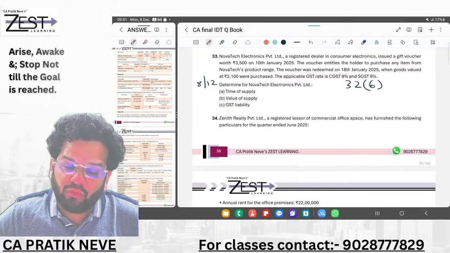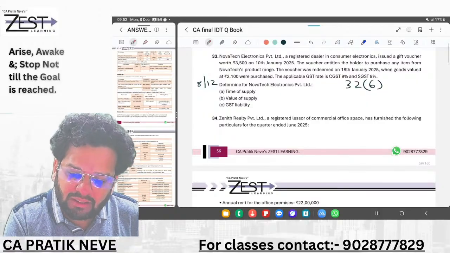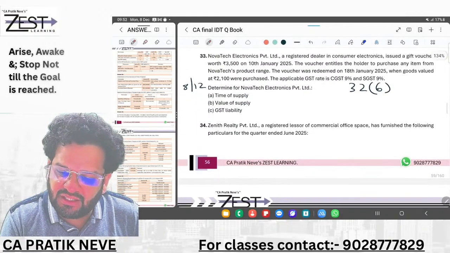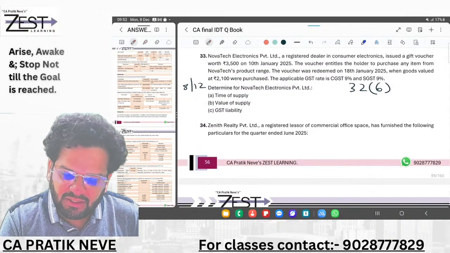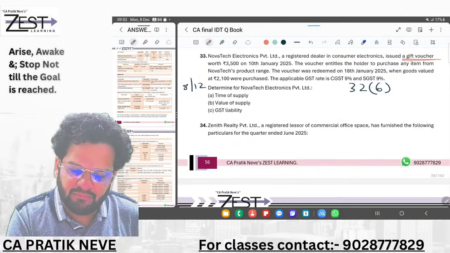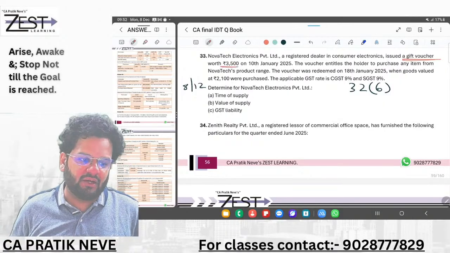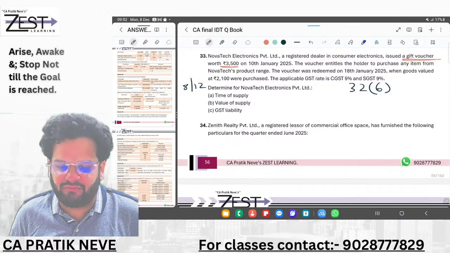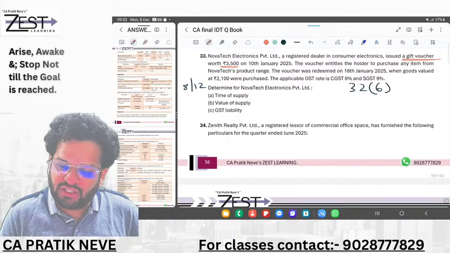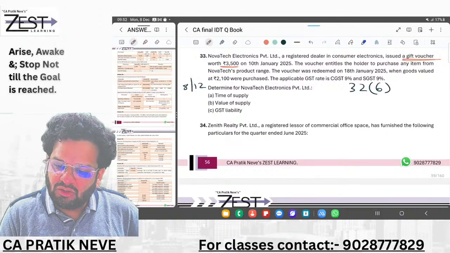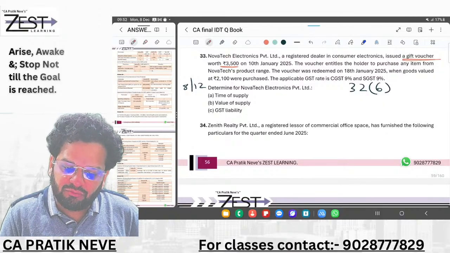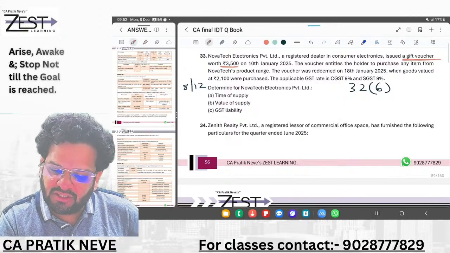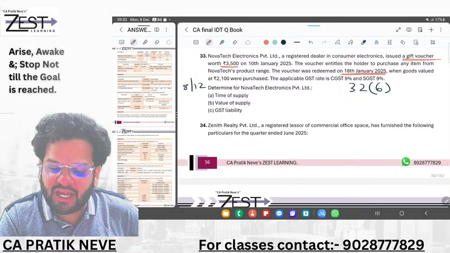Okay. Now gift voucher. Novatech Electronics Private Limited, a registered dealer in consumer electronics, issues a gift voucher worth 3,500 on 10th Jan 25. The voucher entitles the holder to purchase any item from Novatech's product range. The voucher was redeemed on 18th Jan.